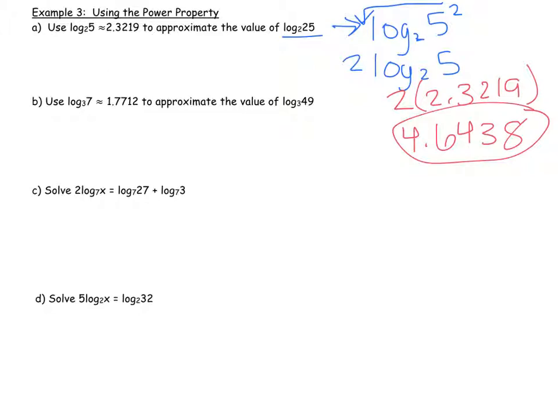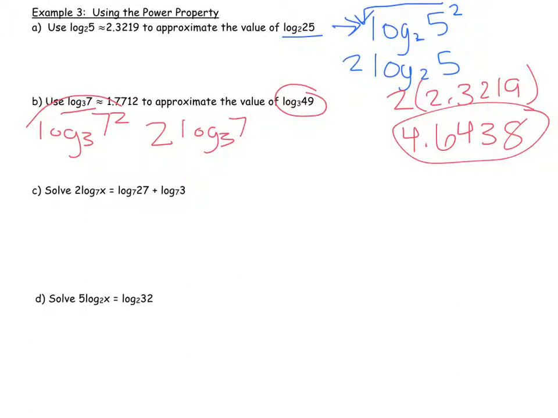In example B, it's going to be the exact same type of thing. We're going to take this log 3 of 49. We want to change that to log 3 of 7 because that's what they gave us. So we're going to put log 3 of 7 squared because 7 squared will give us the 49. We're going to move the 2 to the front using that power property. So we have 2 times log 3 of 7.